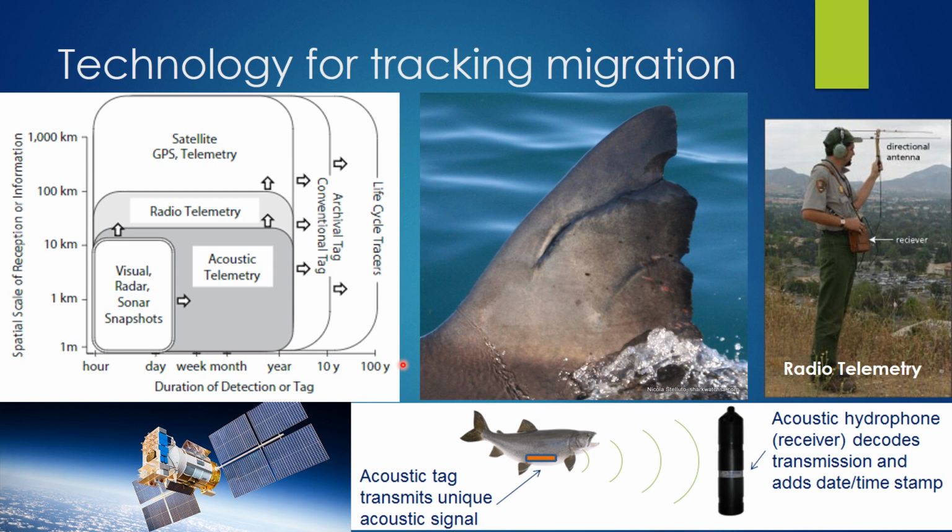migratory tracking methods. For example, visual radar and sonar snapshots are a very short time frame, and you can't track for such a long period of time, but they're very cost effective because you can just get on a boat and take pictures of a shark. An example of this is this image right here.